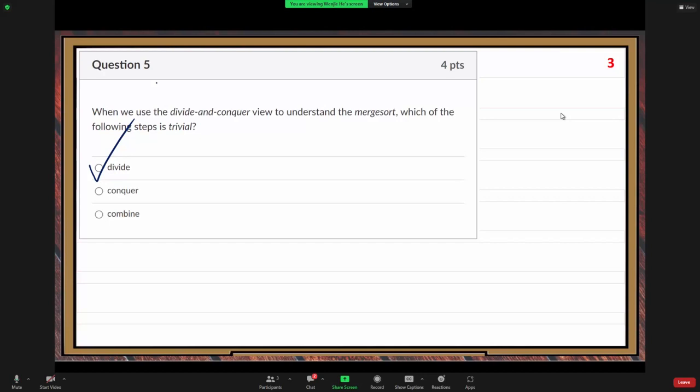Not much to do, just one division operation: first index plus last index divided by 2. Only that operation gives us the split point, splitting into 2 subarrays. That's all we need to do. So we say it is trivial.